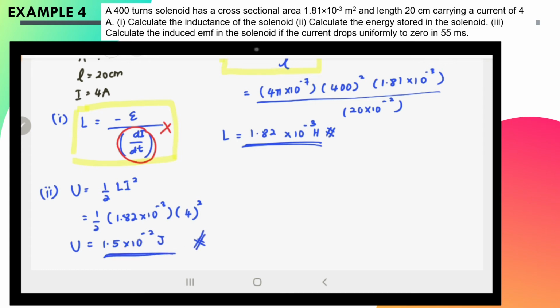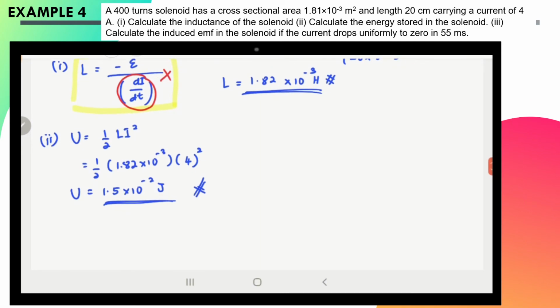Alright, so let's proceed to question number 3. Calculate the induced EMF in the solenoid if the current drops uniformly to 0. The current drops uniformly, so that means the initial current is 4 ampere and the final current will be equal to 0.